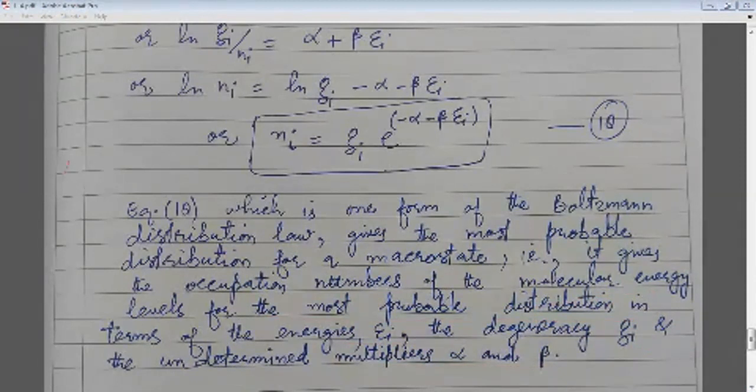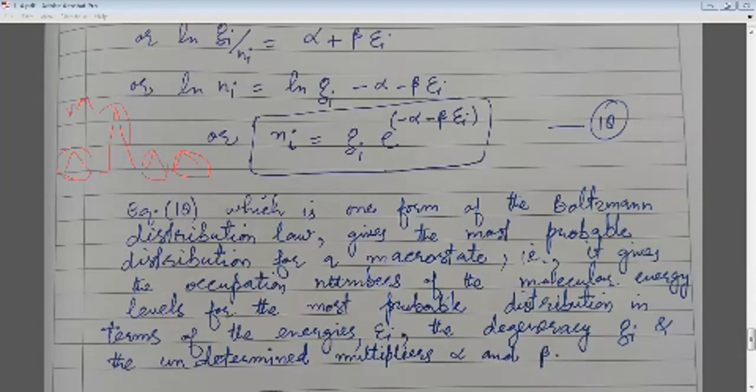Suppose we have a distribution like this. Suppose this is one macrostate, this is another macrostate, and this is also another macrostate.